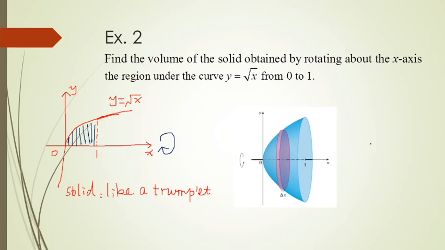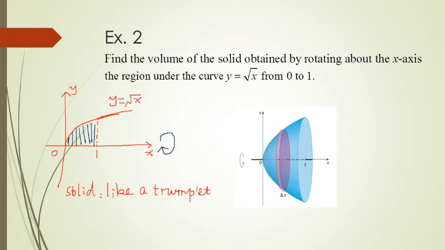This is the region in 2 dimensions. If you rotate about the x-axis, which means you rotate it in a horizontal way, then you get a solid like a trumpet.